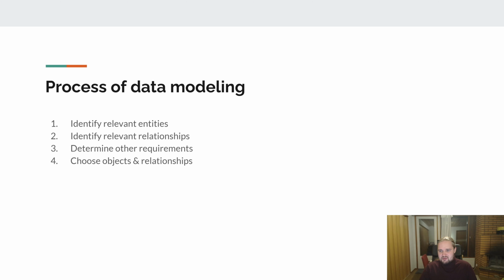The reason why we need to be aware of the entities and not directly go to Salesforce objects is because there's usually a few different ways we can model everything. We can have a custom object, we can use a standard object, we can use record types of the same object for different business requirements. It differs. And you have to understand all the requirements before you can come up with a holistic solution that you can then defend and justify.